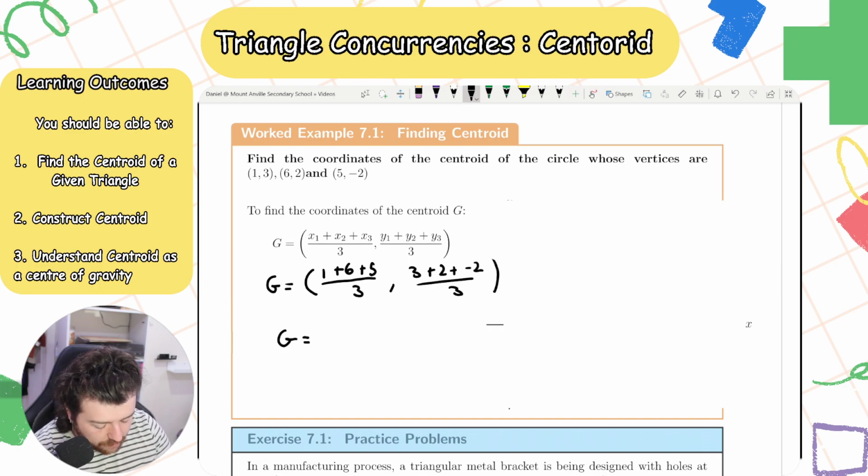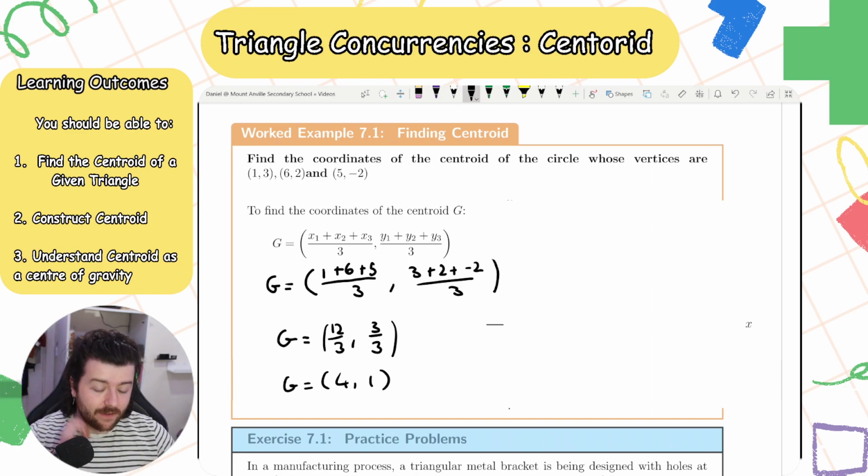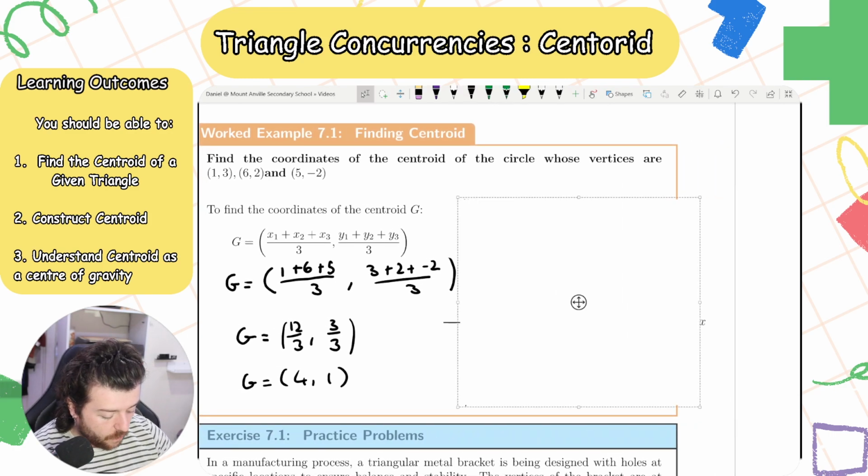So my centroid is 12 divided by 3 and 3 divided by 3. My centroid is at (4, 1). So my balancing point of this triangle is at (4, 1).